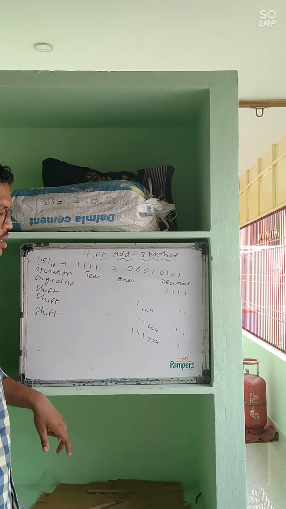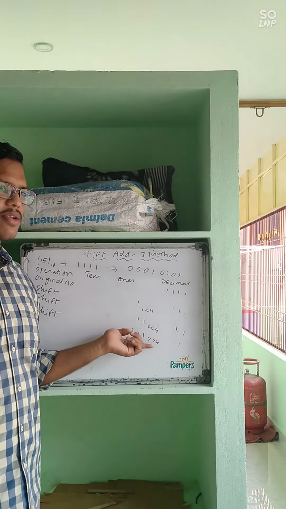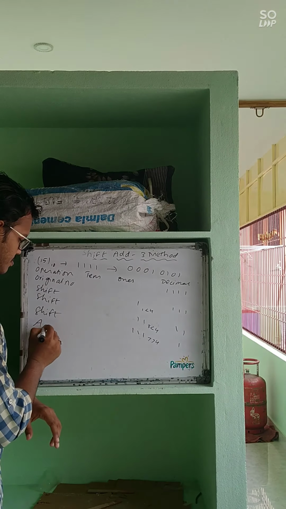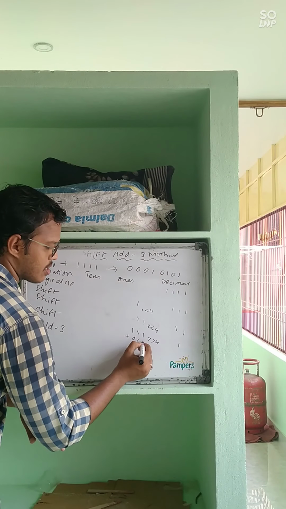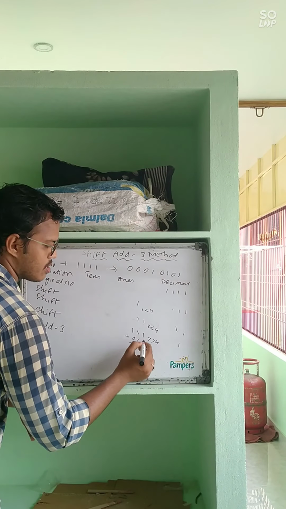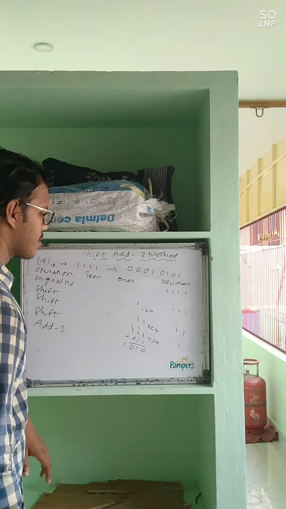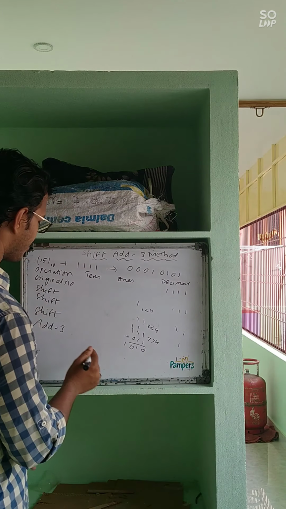We have 1 here. If the number is greater than 4, then we have to add 3. Then adding 3 here gives 0101. Okay, we have 1 here. Shift.